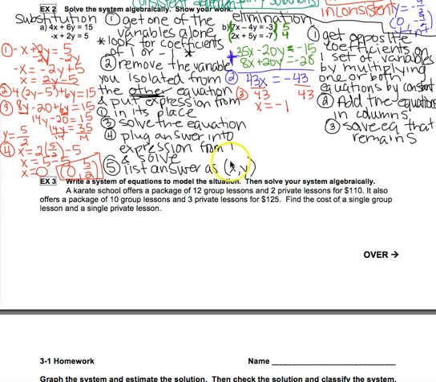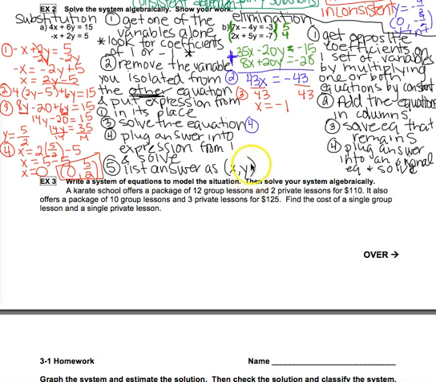Okay, so once I have done that, then step 4 is to plug the answer into an original equation and solve. So, step 4, I'm going to plug negative 1 into one of the originals for x.